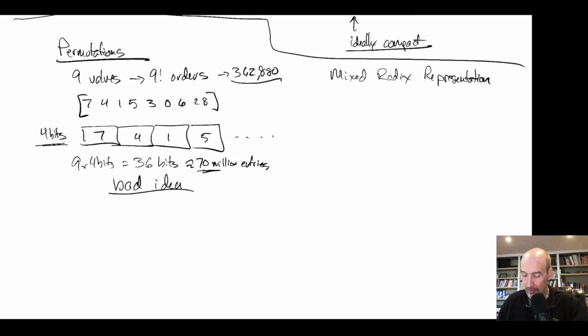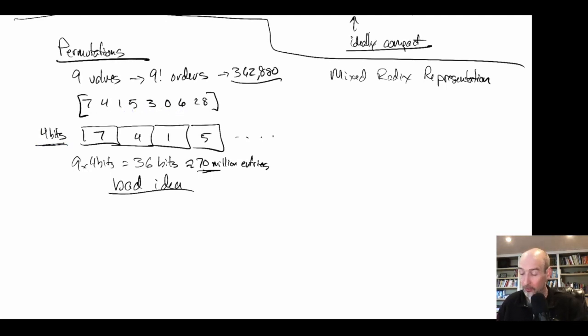This is treating them like they're all base 9, because I have 9 values, 0 to 8. Even if I use fewer bits to try to represent it as base 9, I'm still going to get in trouble, because I don't actually have each of these individual numbers represented as base 9.